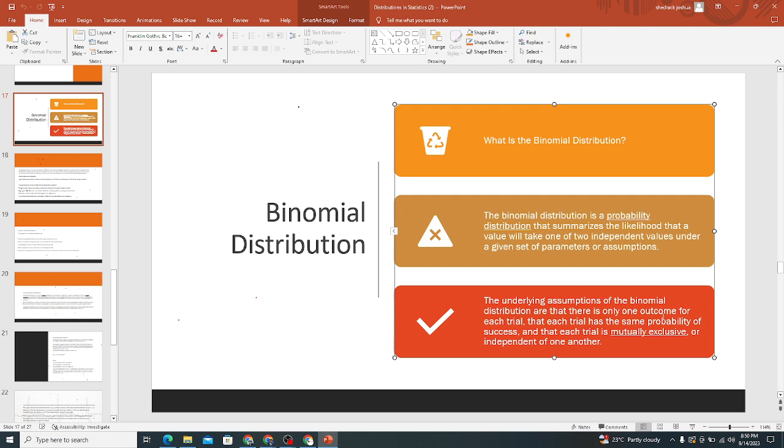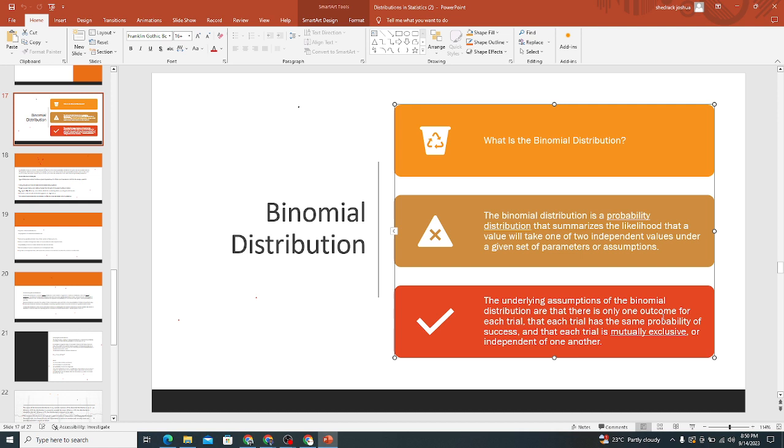Then the third assumption is that each trial is mutually exclusive, or each trial is independent of one another.